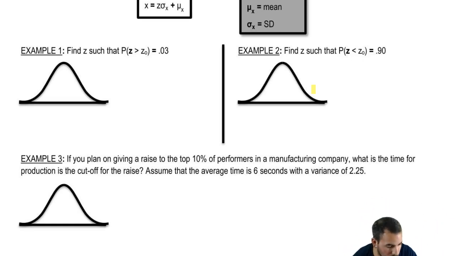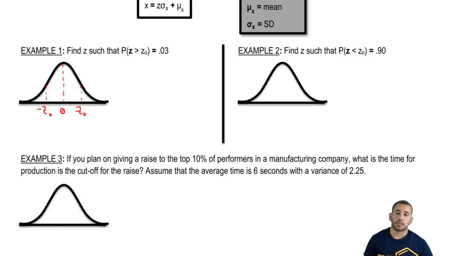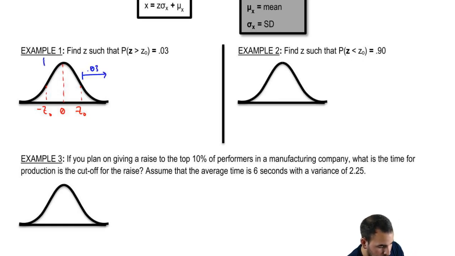So let's try it on the left and right, actually. And here we have our mean, right? The probability that Z is greater than this particular Z is 0.03. What that's saying is that from here all the way up is 0.03. But if we were on the left, that means from here all the way up is 0.03.